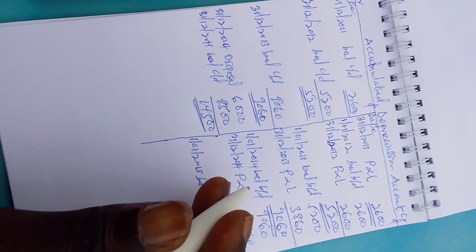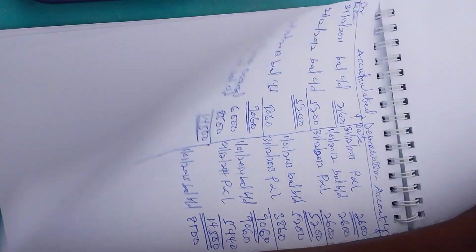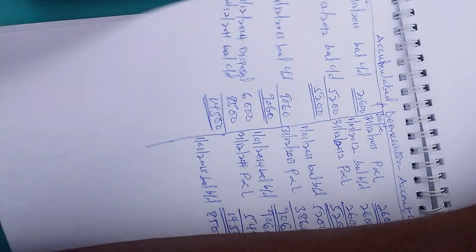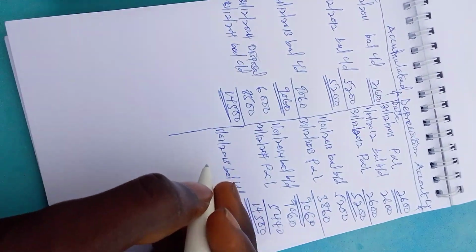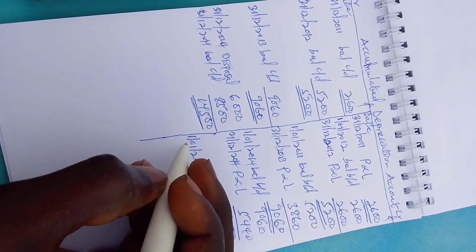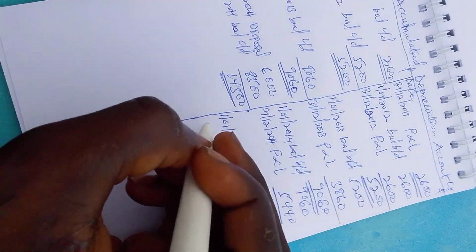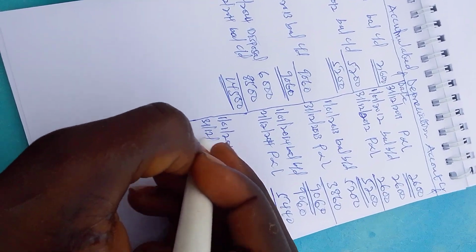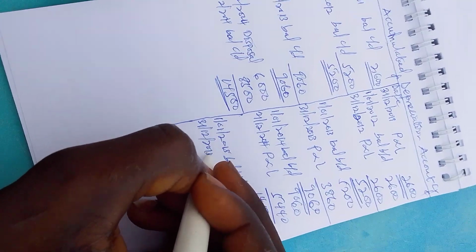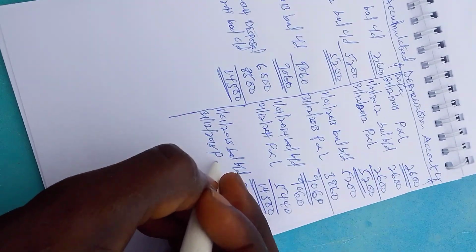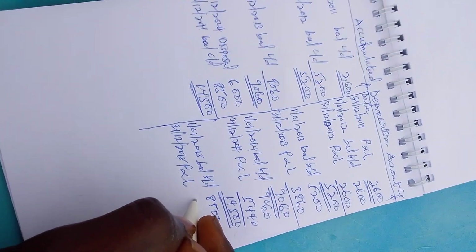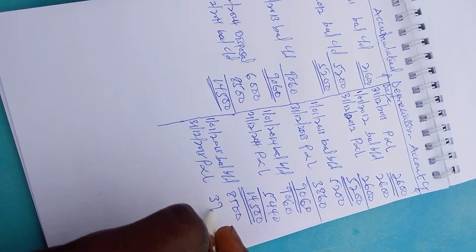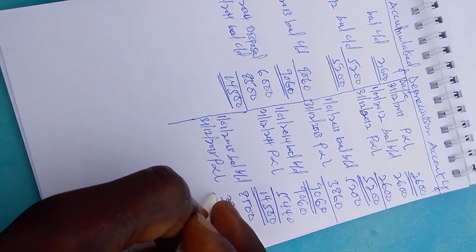So in 2015 the depreciation total is going to be on 31st December 2015, profit and loss, which was 3,740.